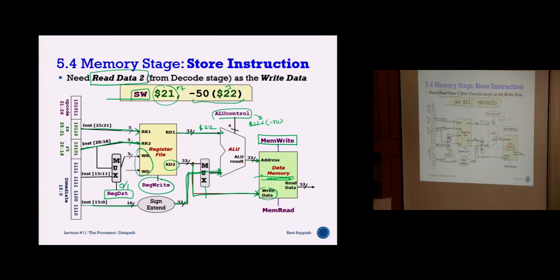It's insignificant, correct? The write register and write data will only play a part if my register write pin is activated. But my control block will know that this is a store word instruction, so the register write will not be activated. So even if the same bits are copied there, it makes no difference. Your control bit will now play a part to decide whether the register should be updated or not updated.